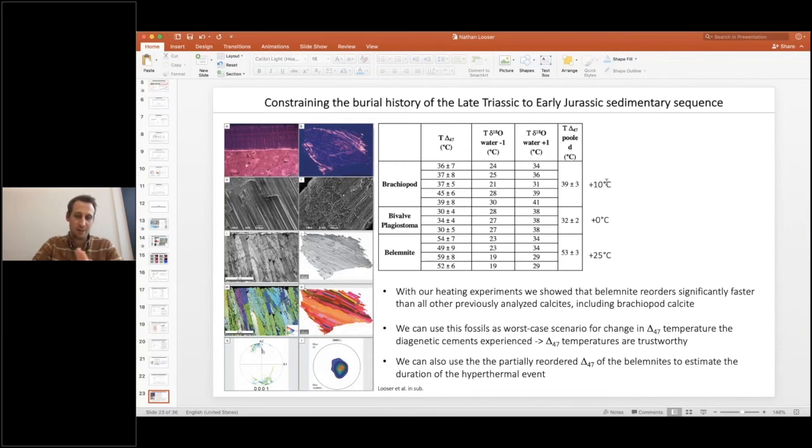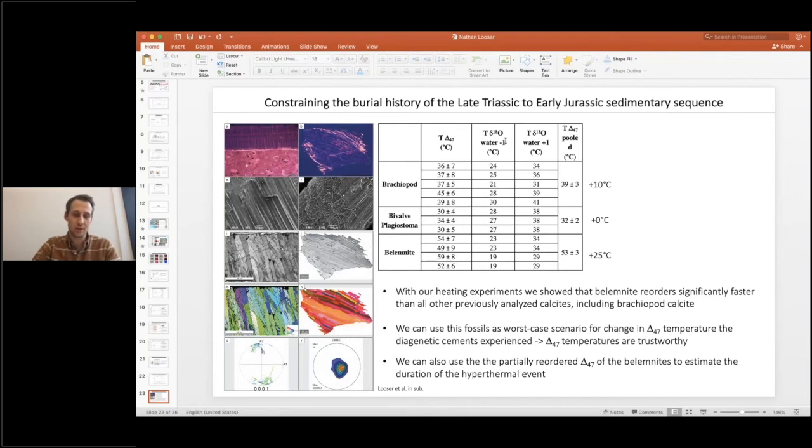Okay, when we compare these clumped isotope temperatures with delta 18O temperatures, importantly, the delta 18O temperatures are not influenced by solid state reordering, then we can estimate the amount of reordering. So if we assume a water composition of the early Jurassic seawater of -1 to 0, that means during that time there were no ice sheets on the poles.